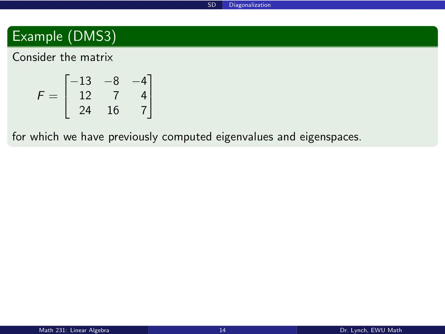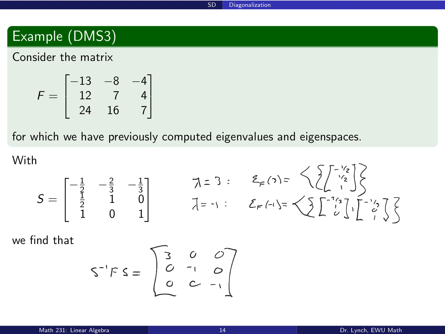So here's an example, this matrix F, for which we've previously computed eigenvalues and eigenspaces. So we can take the matrix S to be the matrix of eigenvectors in its columns, and when we go ahead and compute S inverse times F times S, we find that we diagonalize F. So here are those eigenvalues that we found together with our eigenspaces.